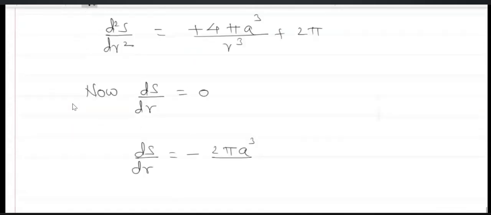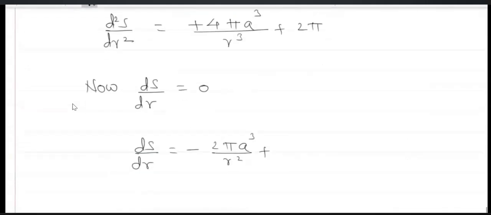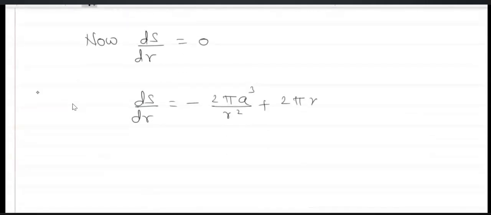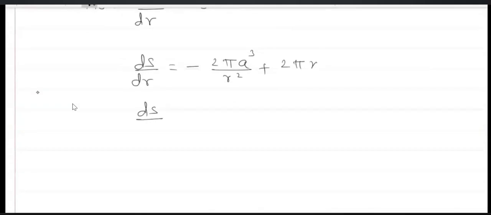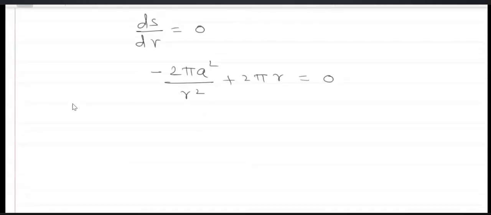That is, ds upon dr is equal to minus 2 pi a cube upon r square plus 2 pi r. Therefore, ds upon dr is equal to 0. Minus 2 pi a cube upon r square plus 2 pi r is equal to 0.